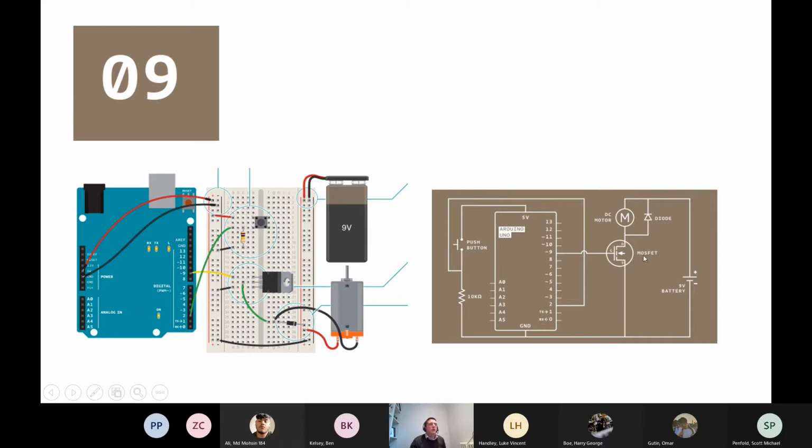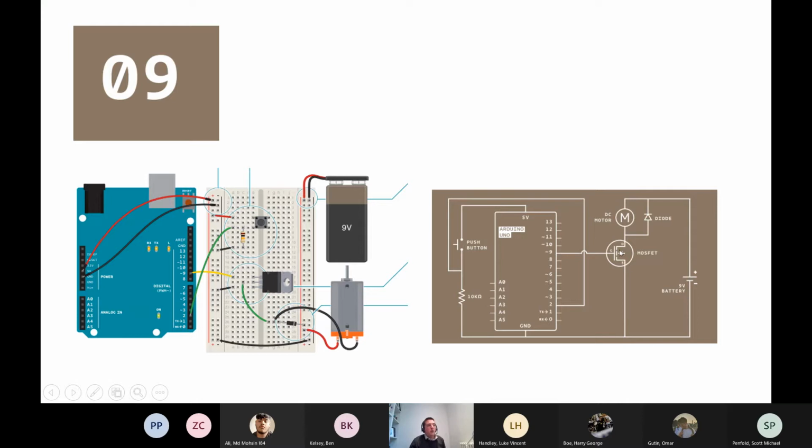And then when you look at this block diagram on the right hand side, you see that actually it's slightly confusing in a way. And the reason that it's confusing is because the motor isn't powered by the Arduino here. It's powered by this 9-volt battery.